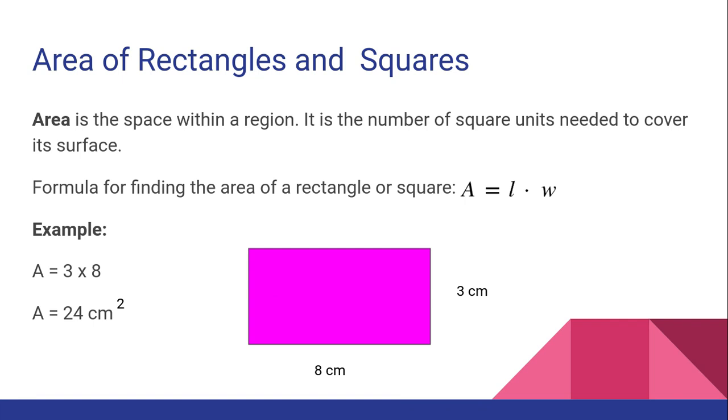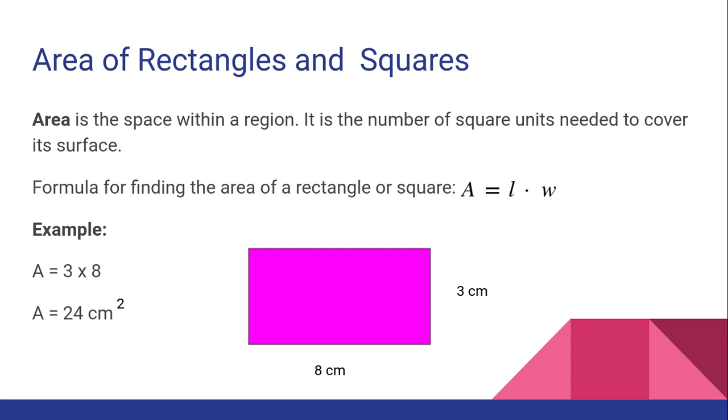So if we have centimeters, what we're saying is how many square centimeters, like 1 centimeter by 1 centimeter, would it take to fill this entire rectangle. We find the area simply by multiplying the length times the width. Of course, if it's a square, your length and your width are the same.